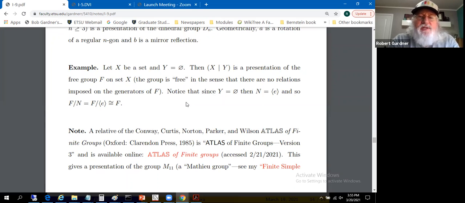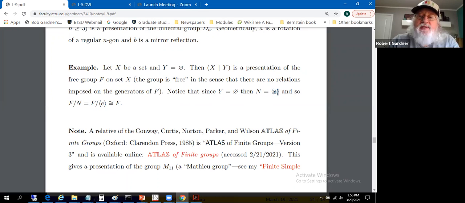We would look at this in terms of F mod N. Look at note 9.1.3, where we dealt with the free groups. F mod N would be the kernel of the homomorphism.